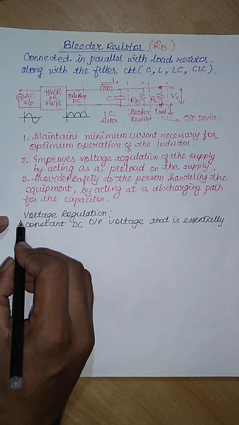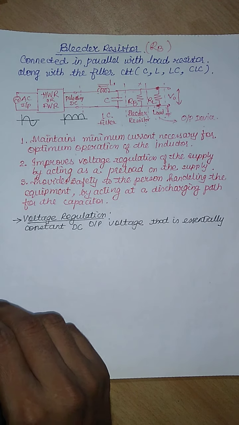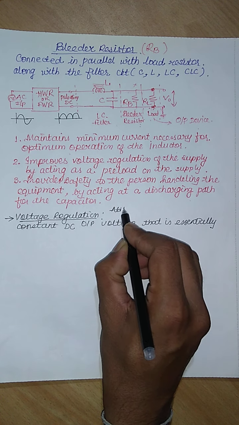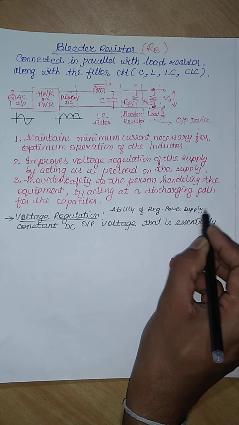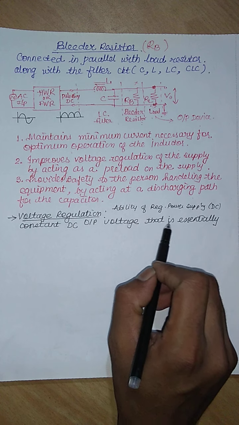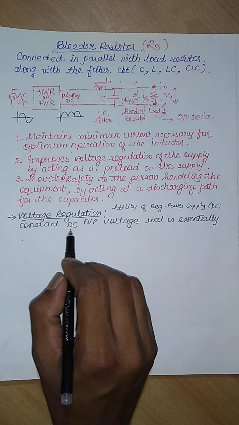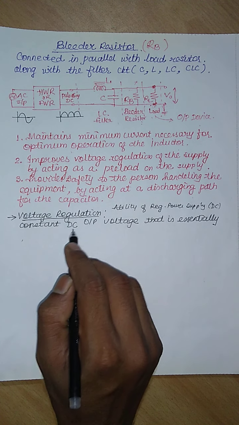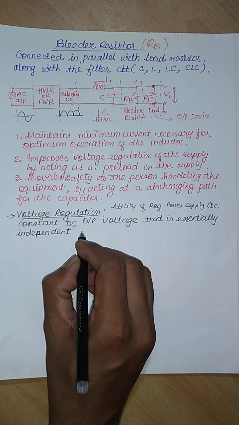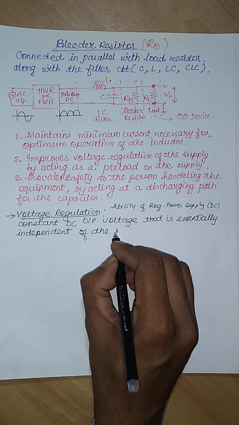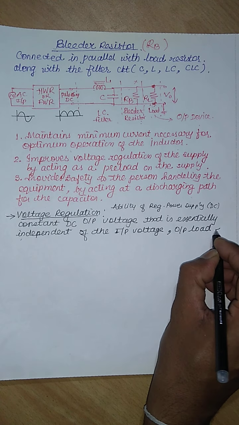Voltage regulation is the ability of a regulated power supply, especially a DC regulated power supply, to provide constant DC output voltage, independent of the input voltage, the output load, and temperature.